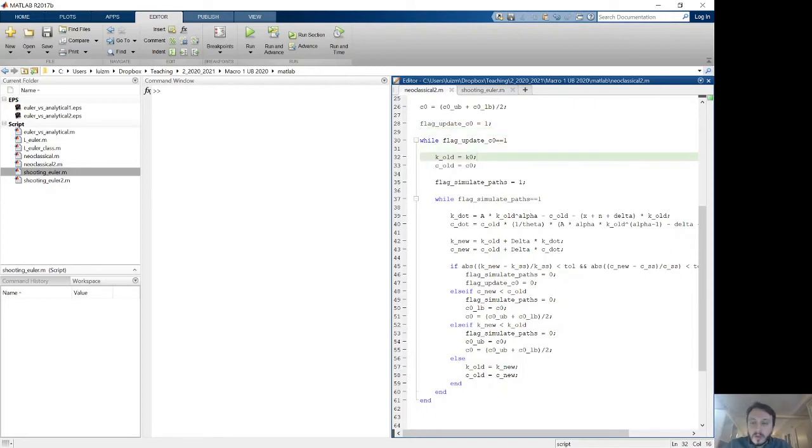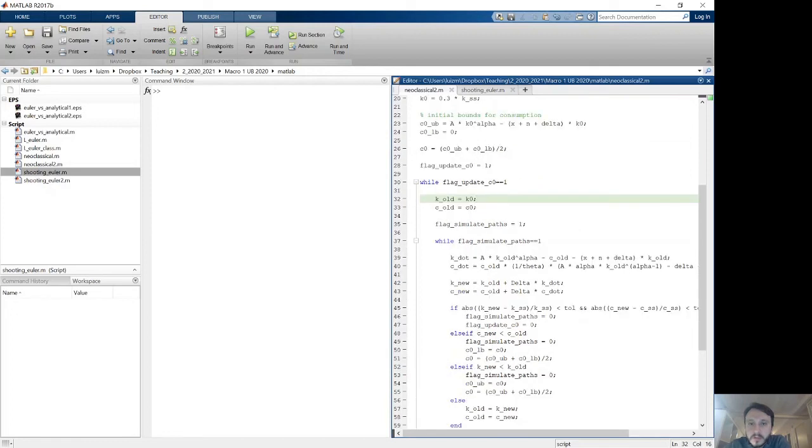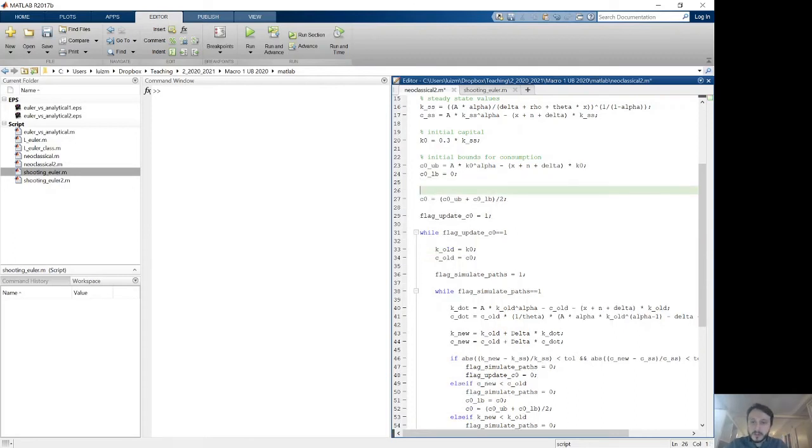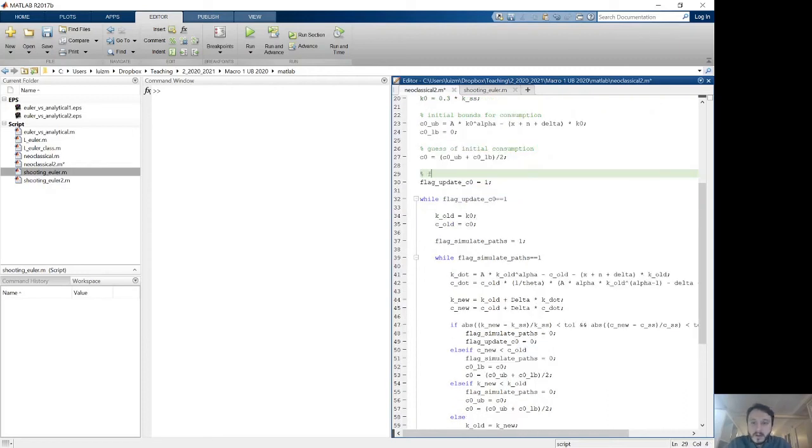Okay, so the code is now ready. Let's go again over the code, this main loop part, which is the most important part. Let's put some comments here: the initial guess of initial consumption, and the flag that says to update the bounds for C0.